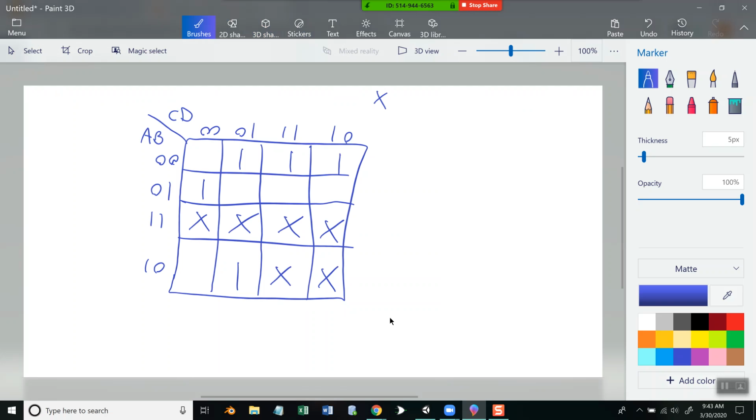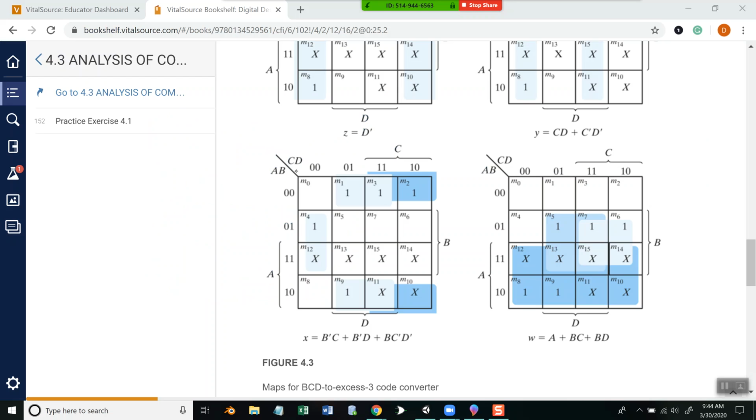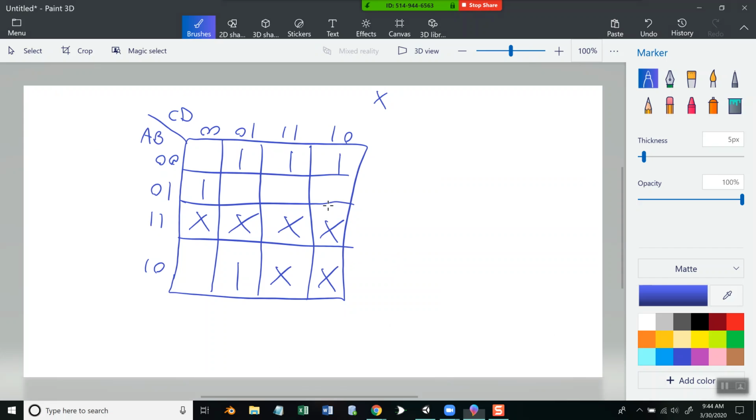Now the idea is we're trying to do groups, pairings on this to simplify it. And remember, we'll have to be in groups of 2, 4, and so forth, 8. I guess I do got next there. They pair these two together with these two because that creates a group of 4. And remember, if they're different, then you ignore that.